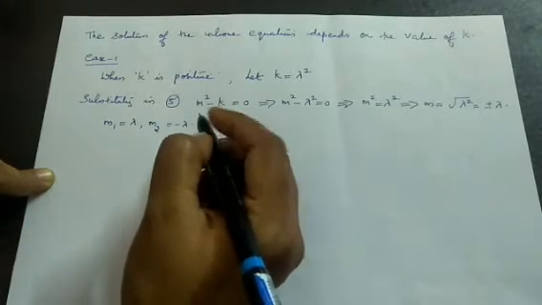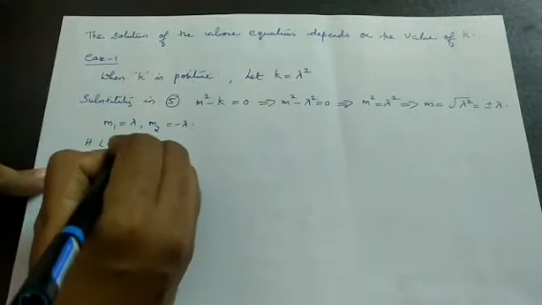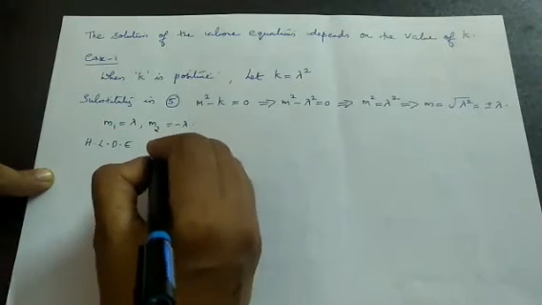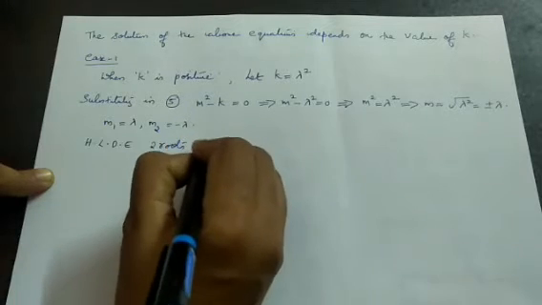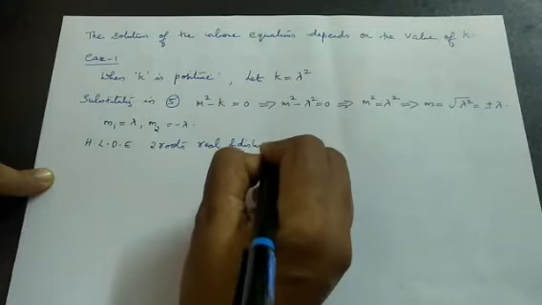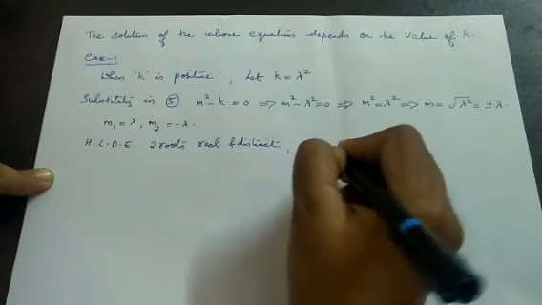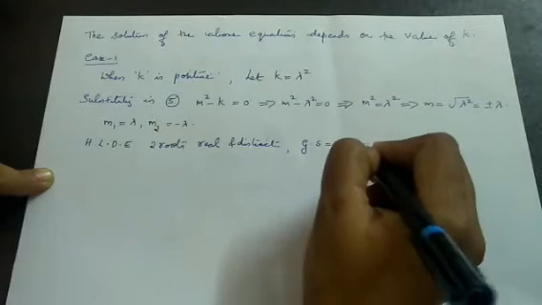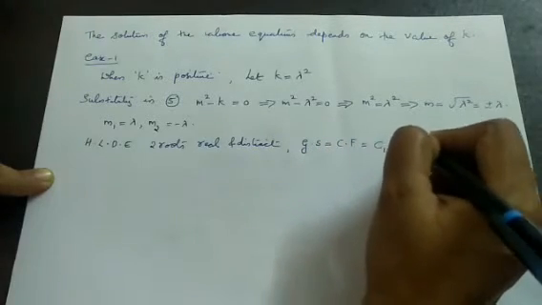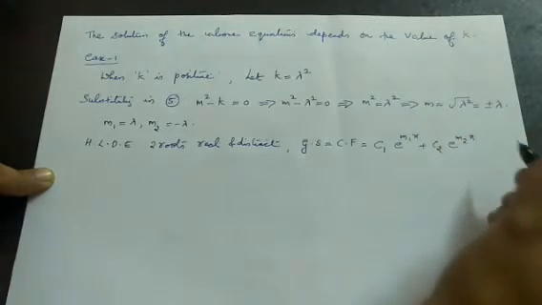For homogeneous linear differential equations, if we have two roots, real and distinct, then the corresponding general solution or complementary function can be written as c1 e raised to m1x plus c2 e raised to m2x.